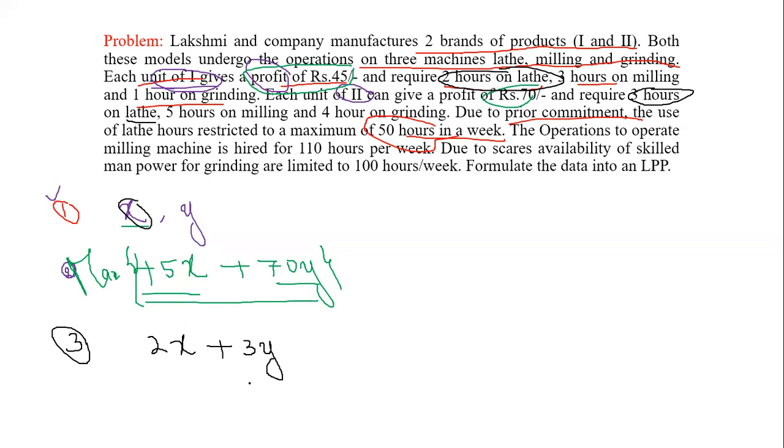These total hours may be 20, 30, 40, etc., depending on the values of X and Y, but it should not go beyond 50 hours. So the maximum value of this should be 50. Therefore, it is less than or equal to 50.